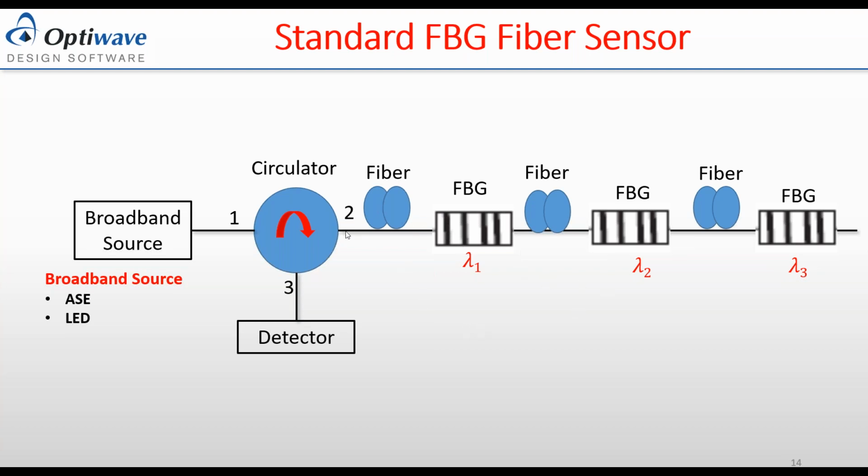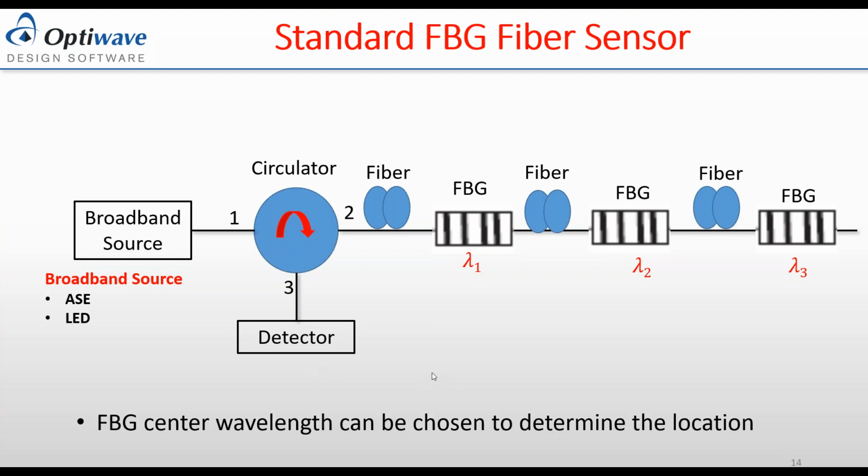Now, based on the reflection characteristics and the transmission characteristics of the grating, the light is going to come back again to terminal 2 and then be directed to terminal 3, where you're detecting it using either a power meter or a spectrum analyzer or something like that, depending on your setup.